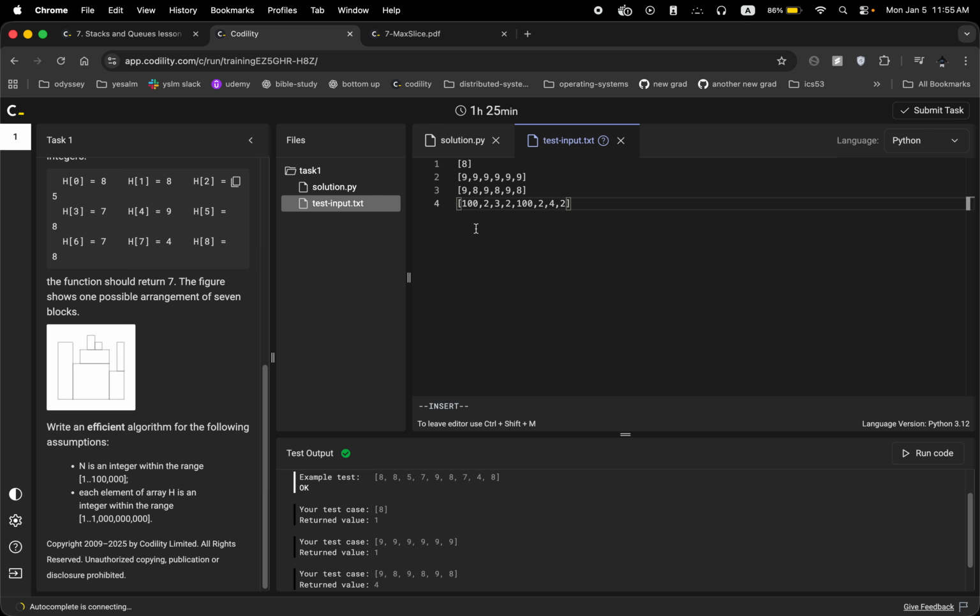So this one, 100 has to be allocated. 2 can be a long rectangle, so that's 2 rectangles so far. 3 can be another one. 2 we don't have to use. 100 can be another one. 4 is 5, and then 2 is nothing. So that should be 5 cuboids.